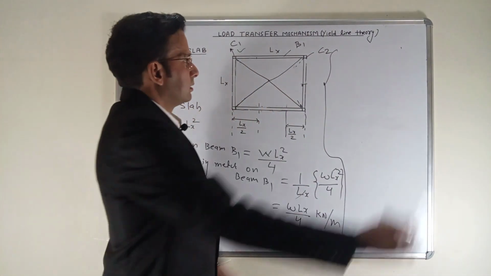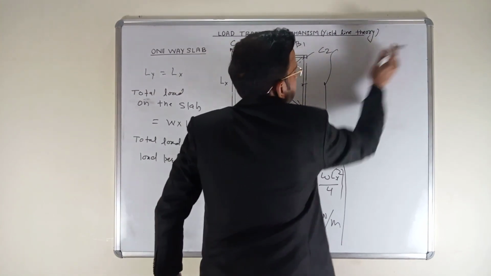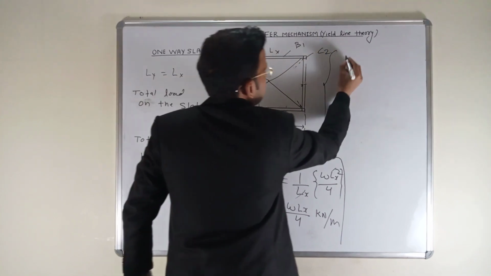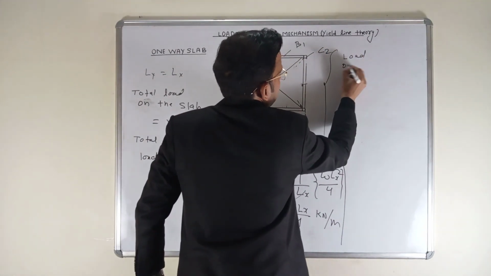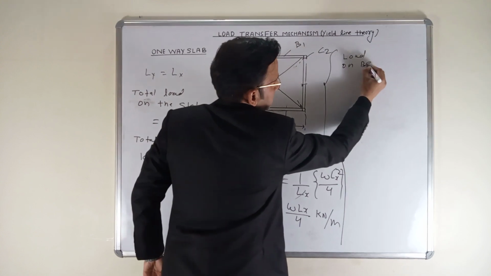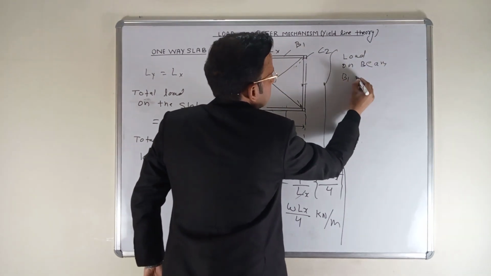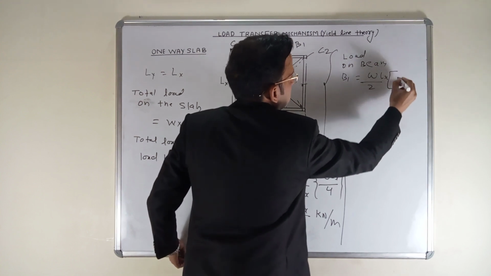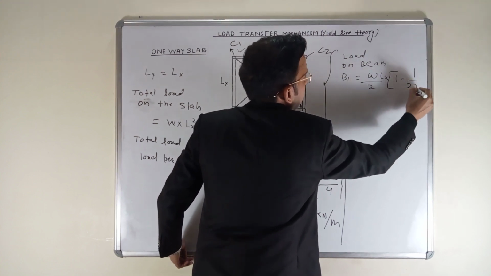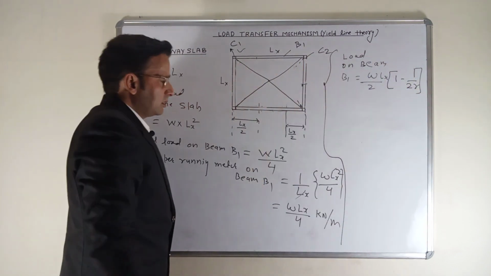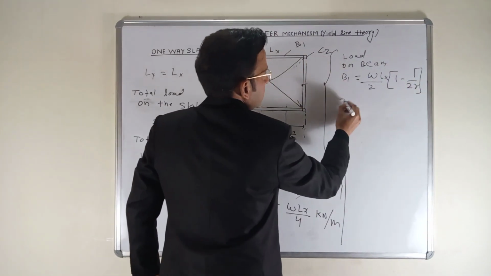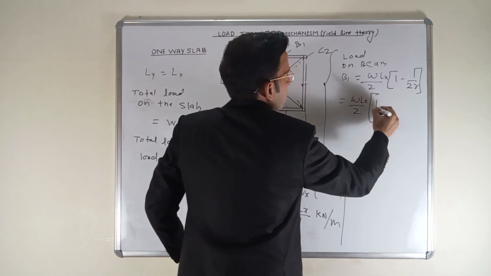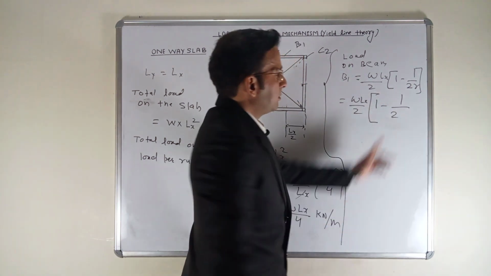Just a little while ago, I told you a formula, that is, load on beam B1 is W Lx upon 2, 1 minus 1 upon 2R. Just calculate by this formula. What do we get? W Lx upon 2, 1 minus, what will be the value of R?